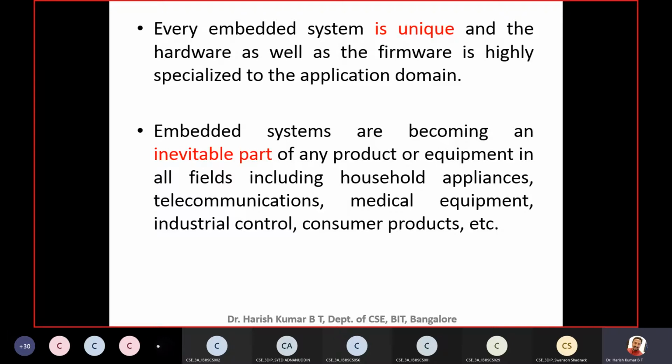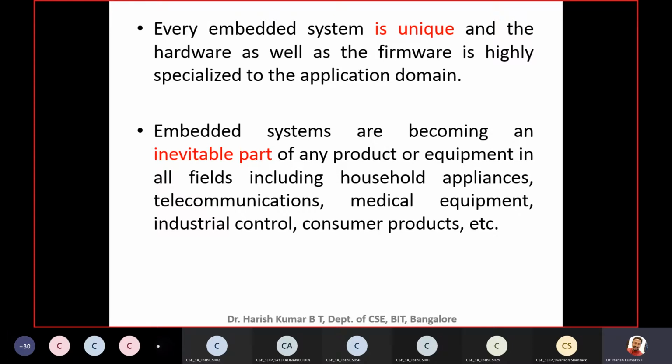Through embedded systems, we are performing computing everywhere, and that is called one more field of computing, ubiquitous computing. That is, the computing is everywhere. You cannot list a domain or area where there is no computing.